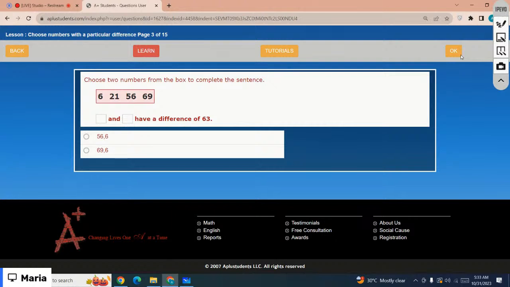Okay, choose two numbers from the box to complete the sentence. Dash and dash have a difference of 63. Which two numbers when subtracted make 63?